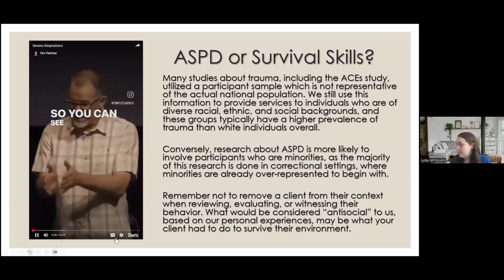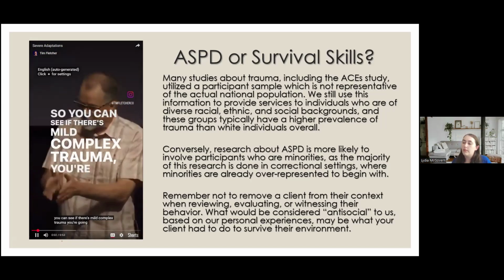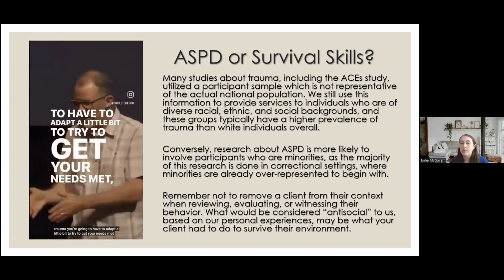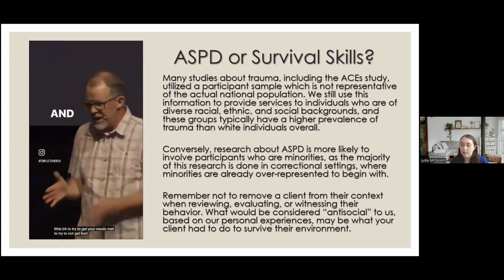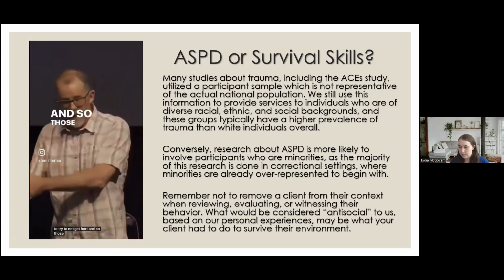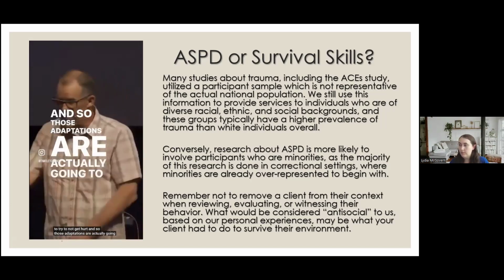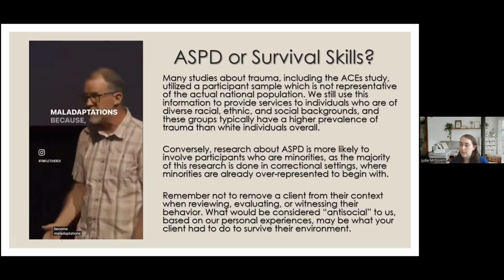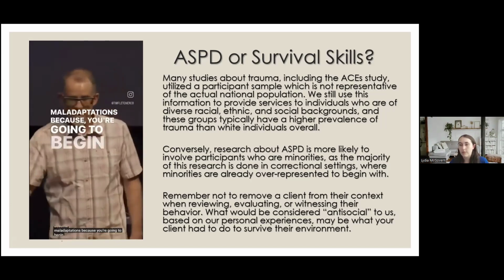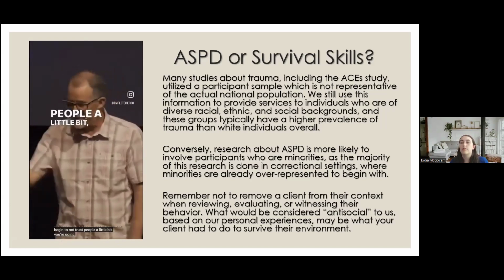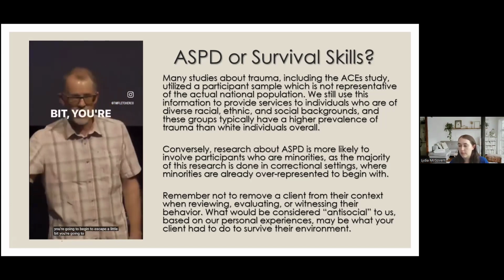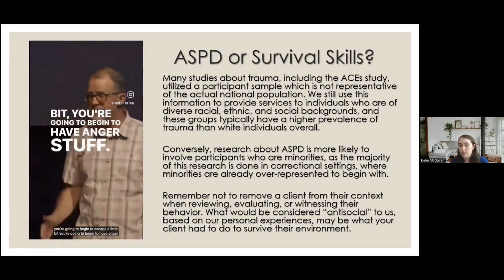You can see if there's mild complex trauma, you're going to have to adapt a little bit to try to get your needs met, to try to not get hurt. And so those adaptations are actually going to become maladaptations because you're going to begin to not trust people a little bit. You're going to begin to escape a little bit. You're going to begin to have anger stuff.